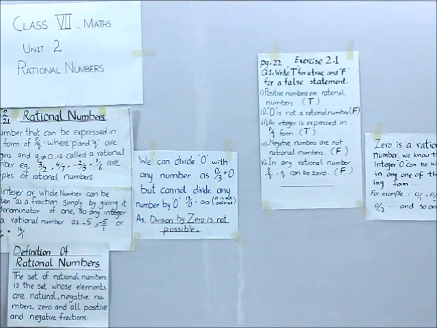Or 16, we can write 16 by 1 and convert it into a rational number very easily. Definition of rational numbers: the set of rational numbers is a set whose elements are natural numbers, negative numbers, 0, and all positive and negative fractions. Through this definition, you can understand very easily that all kinds of fractions are called rational numbers.